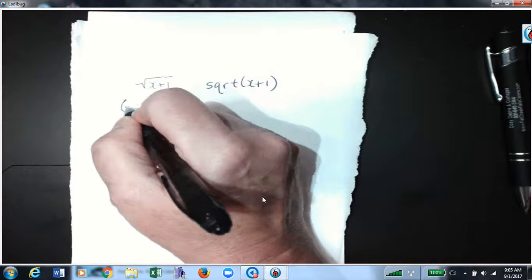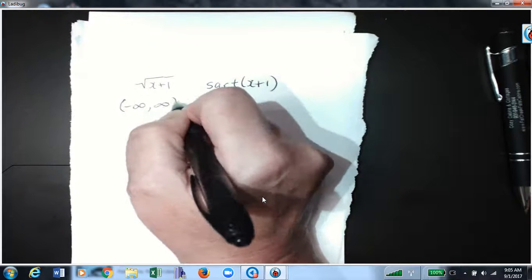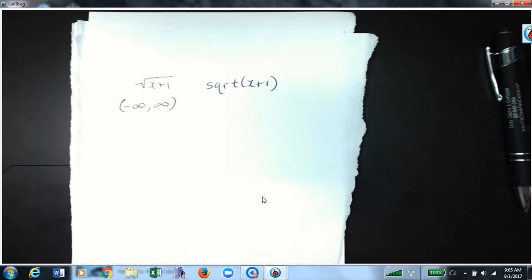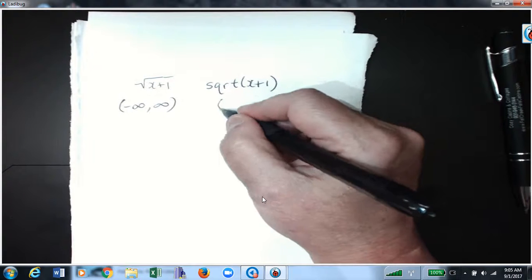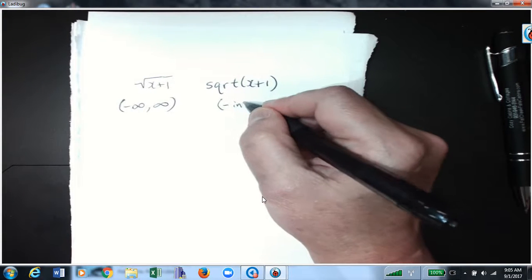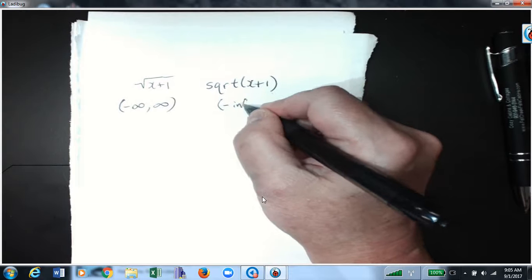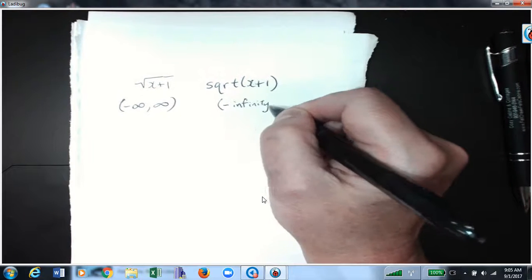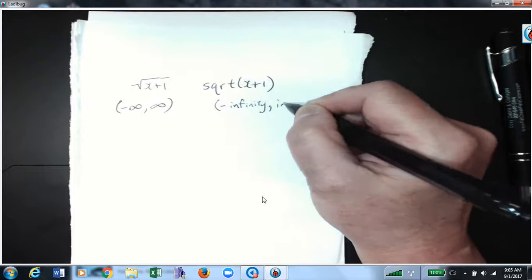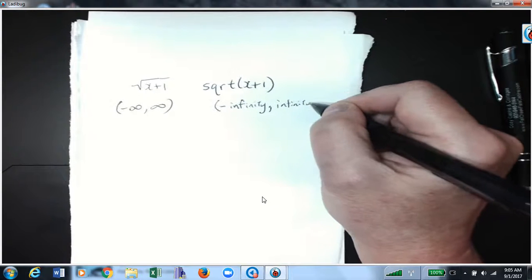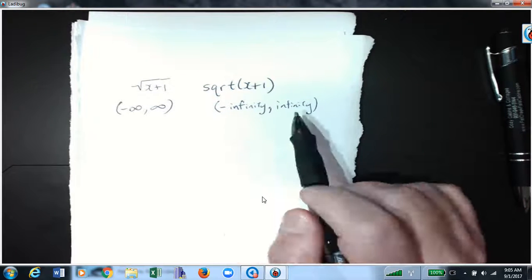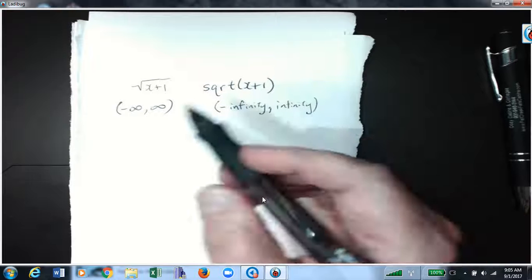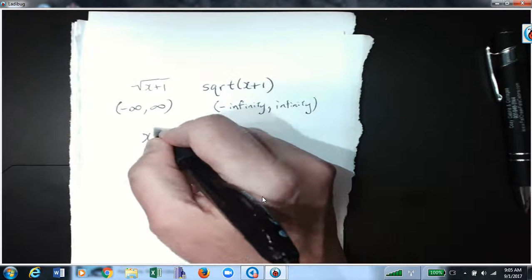If you had, say, an interval and you wanted to put that in, I can't remember if you just do inf or if it's actually the word infinity, but you do negative infinity, comma, positive infinity. It might just be inf. I can't remember off the top of my head.